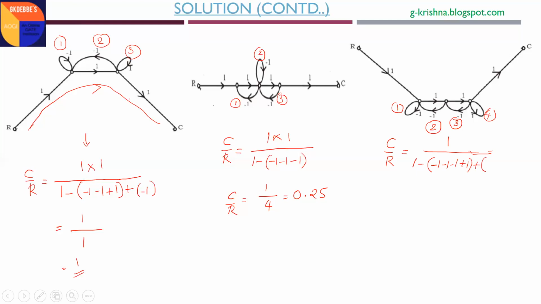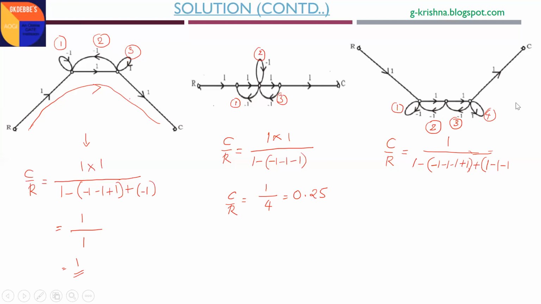Plus the 2 non-touching loop gains. Loops 1 and 2 touched. What about 1 and 3? Not touched. For that pair, it is minus 1 into minus 1, which is plus 1. What about 1 and 4? The first loop and fourth loop are also not touched. That is minus 1 into plus 1, which is minus 1. Next, 2 and 3 touched. 2 and 4 again not touched. That is minus 1 into plus 1, which is minus 1.